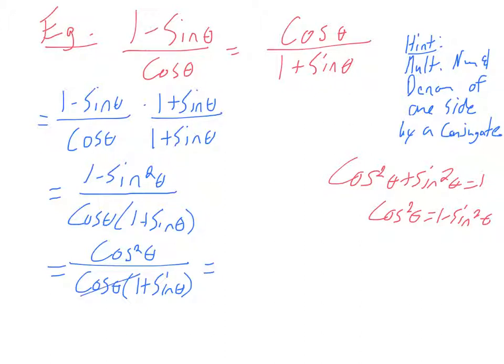And one of the cosines will cancel, leaving me with cosine theta over 1 plus sine theta. And voila, we have what we started with. So we have verified the identity.